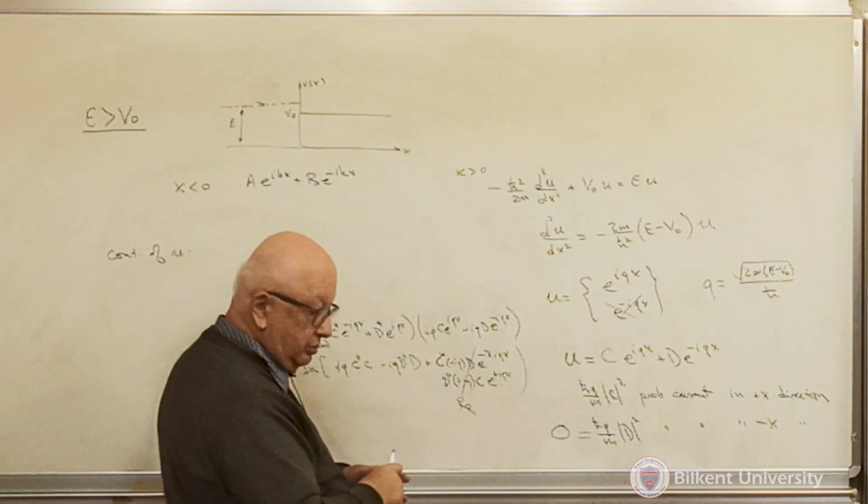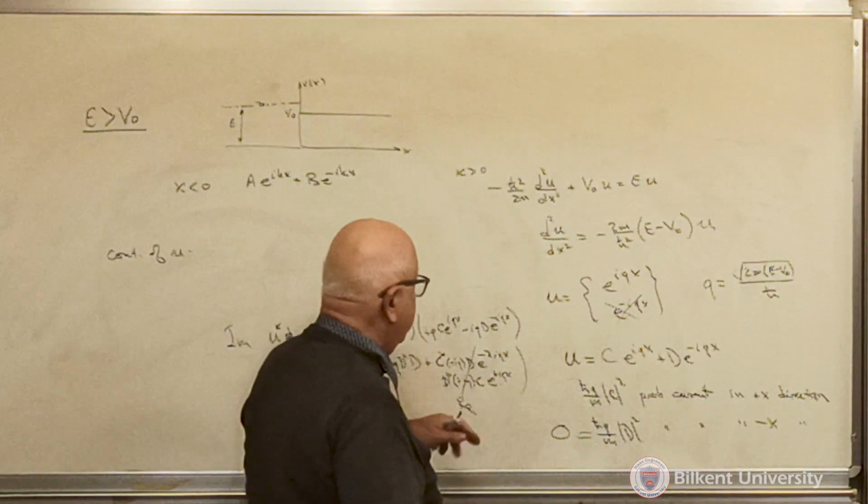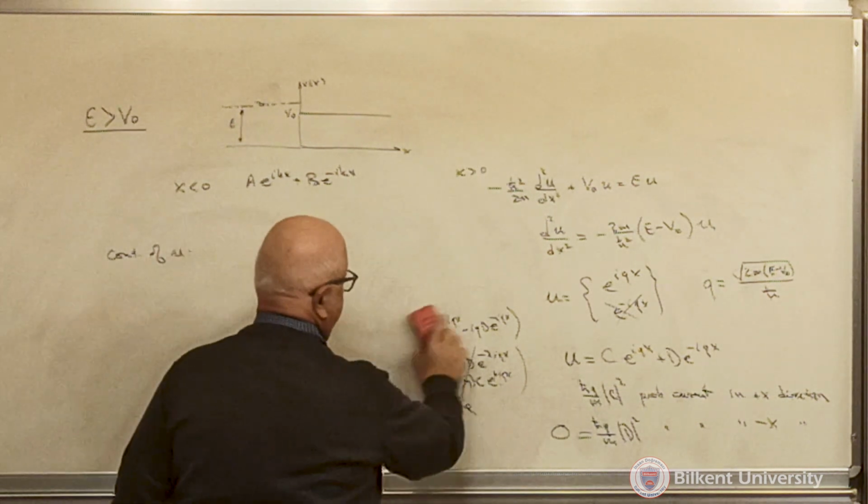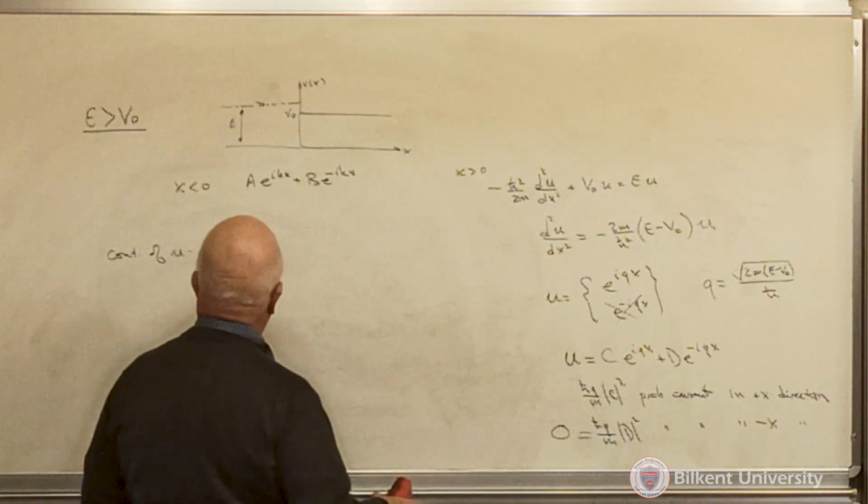That's why we are taking only the A star A and B star B parts.